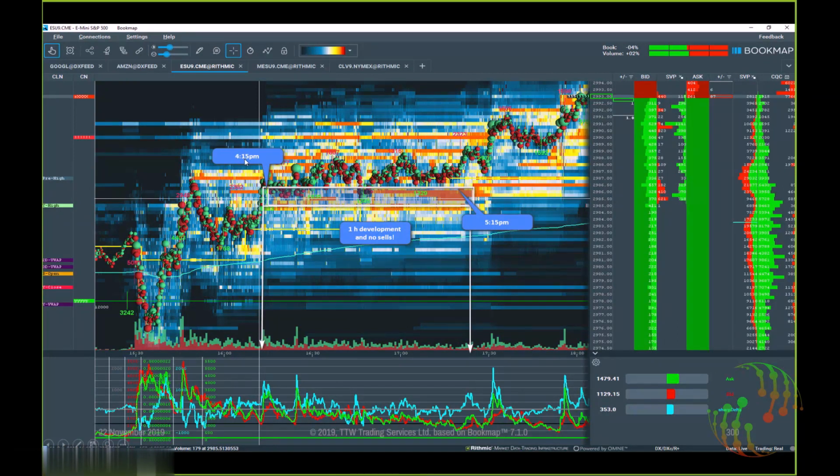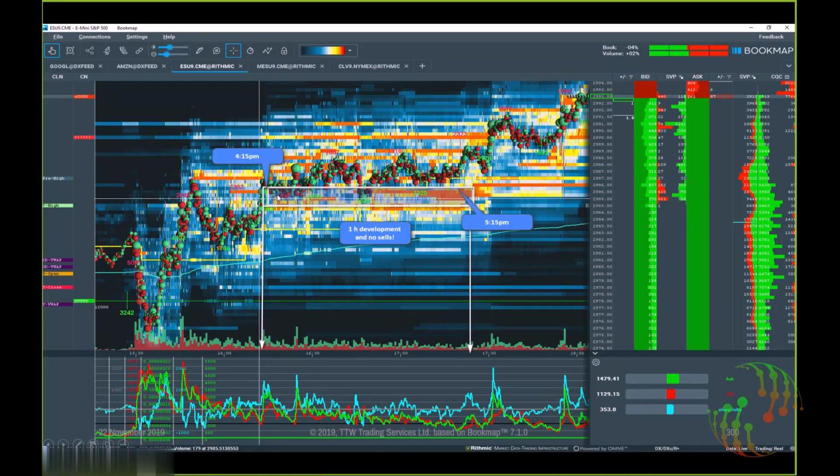That was 4 p.m. my time. That means it is 10:15 Eastern time here. The price traded for 3 points for 1 hour. And suddenly you see that they are supporting the up move here.